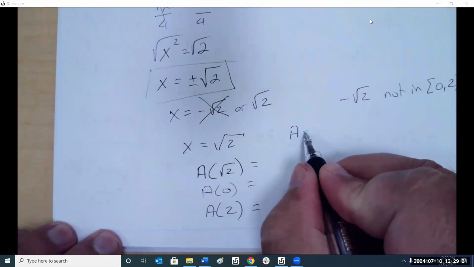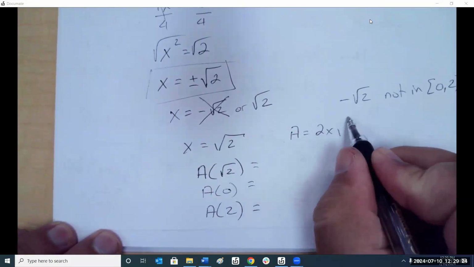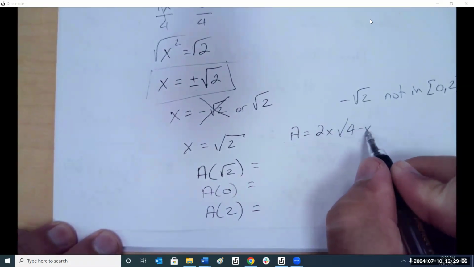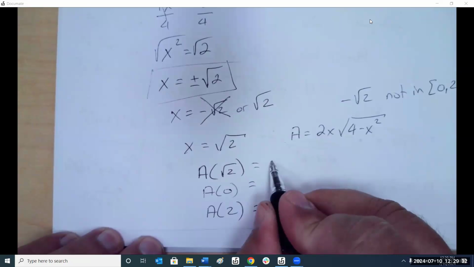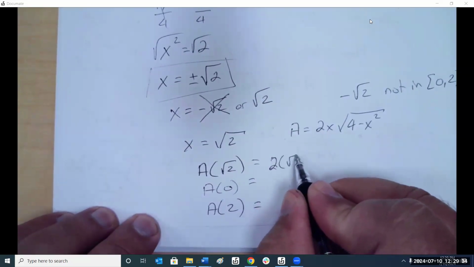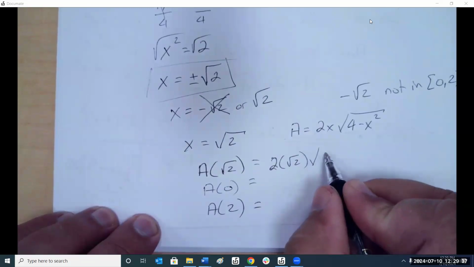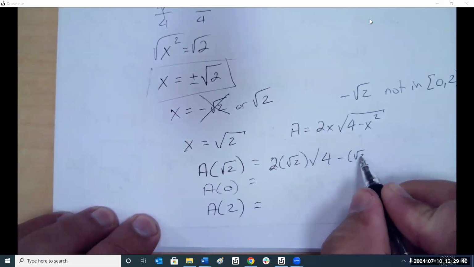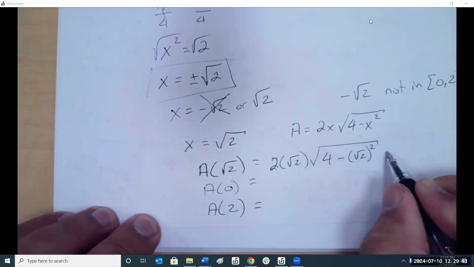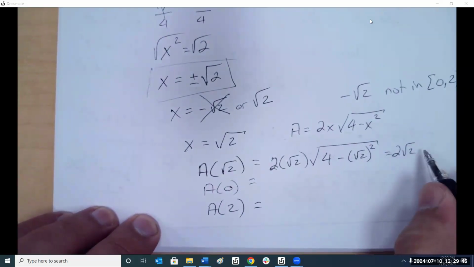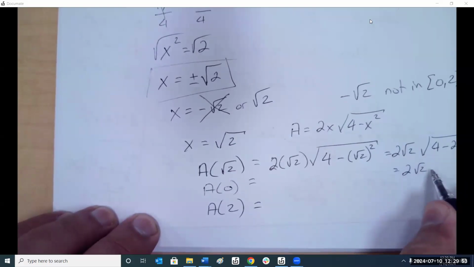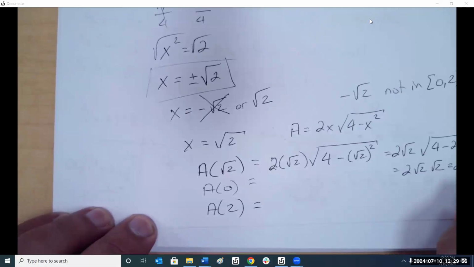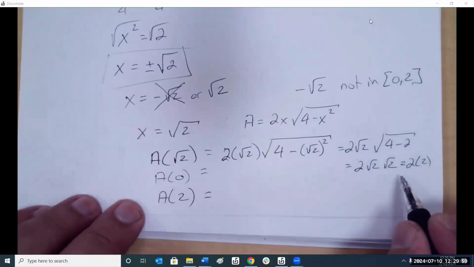Remember, A was 2x square root of 4 minus x squared. So we have 2 times radical 2, 4 minus radical 2 squared, 2 radical 2, 4 minus 2, 2 radical 2 radical 2, it's 2 times 2 is equal to 4.